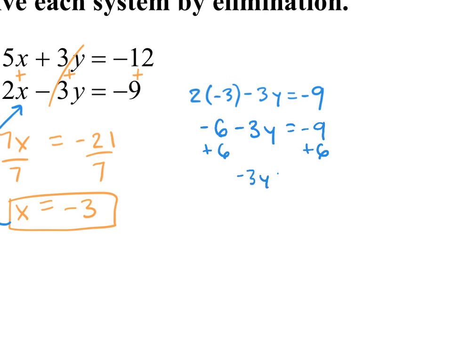Negative 3y is equal to, what's negative 9 plus 6? Negative 3. And what do we do next? Divide by negative 3. So what's y equal to? 1. Perfect. So we get x is equal to and y is equal to.